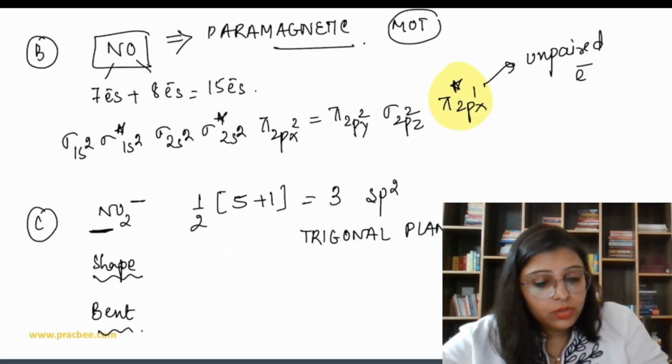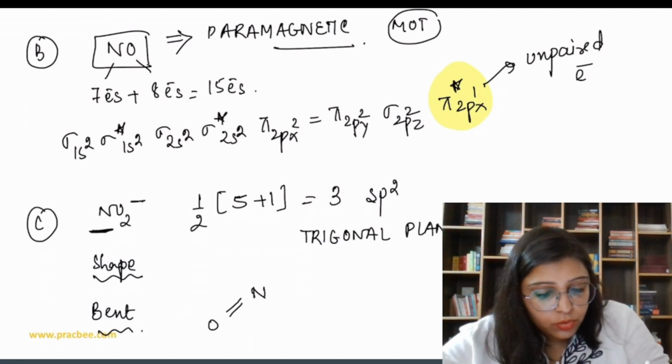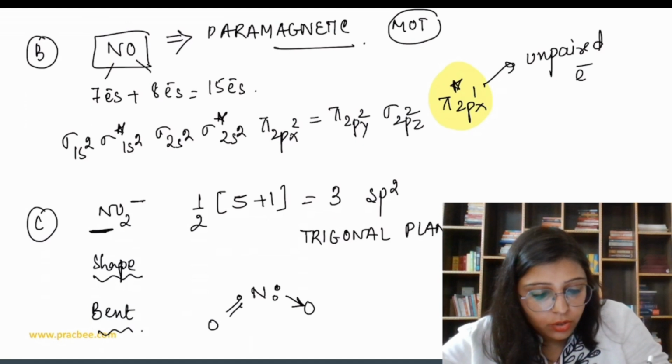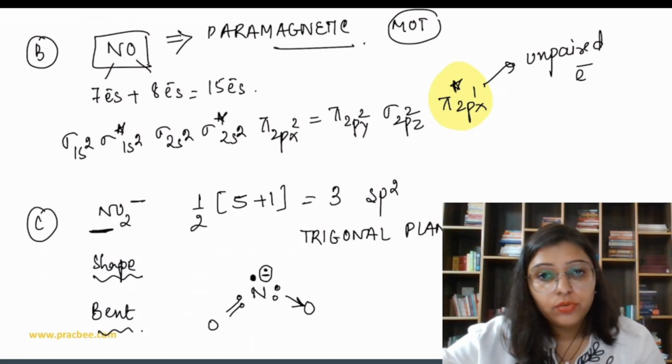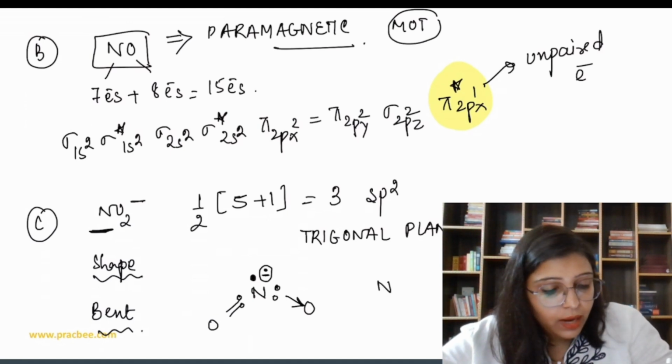So let's do it. If I say we have N double bond O, 1, 2, 3, 4. On the oxygen we can form the coordinate bond, and we have 1, 2, 3, 4, 5, and we can say one negative charge. Due to the presence of one negative charge, we can put one electron. Or we can also write it this way: N double bond O, and this is a single bond, and here we can put one extra electron, 1, 2, 3, 4, 5, 6.